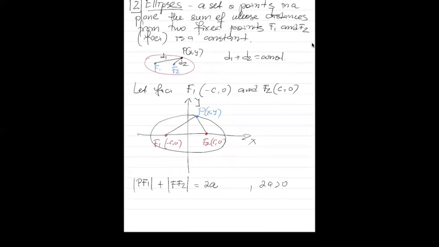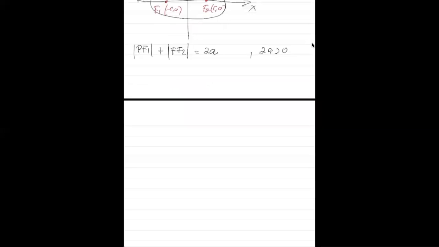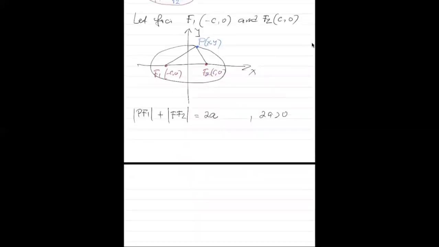So now let's express PF1 as the hypotenuse in a right triangle. So PF1 is the hypotenuse in this right triangle, so it's equal to the square root of this squared plus this squared. This distance over here is y, so we can have y squared, and this distance from here to here is c, and from here to here is x.